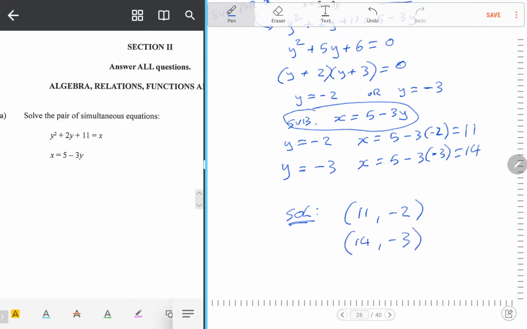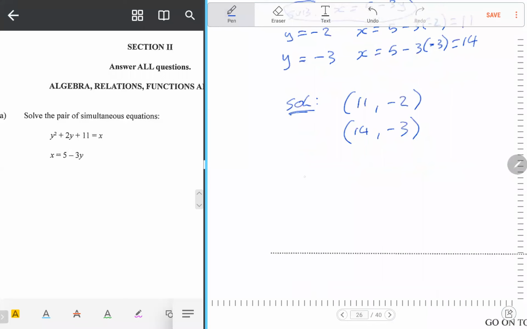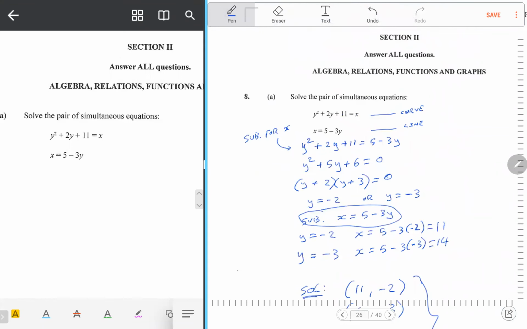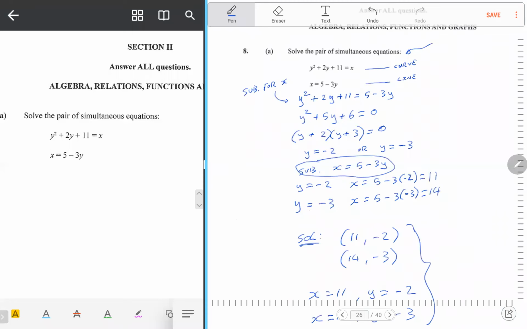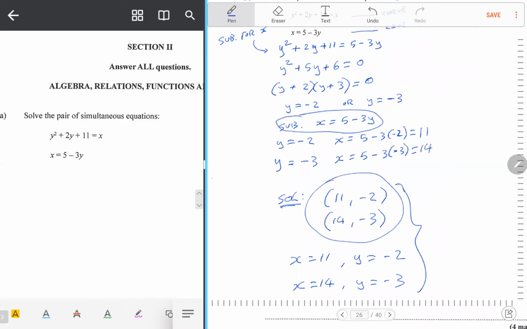Some persons will just write it as x equals 11, y equals negative 2, x equals 14, y equals negative 3. Either way you write those, you'll give your answer. The question could have said, find the coordinates of the point of intersection of the line and the curve. If they ask for coordinates, then you must give the bracketed form.